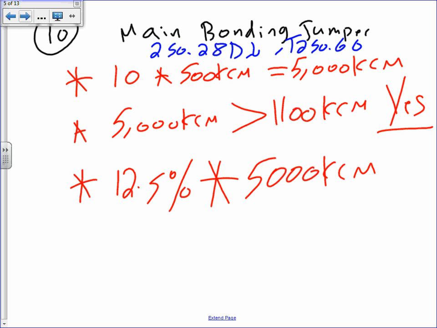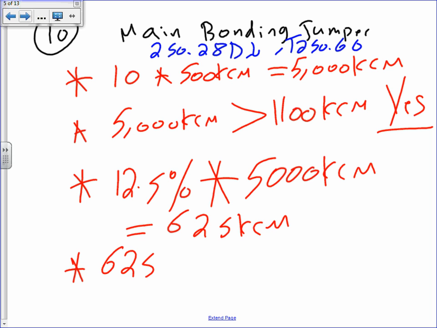Okay, so anybody have the math for me here? 625 KCM. Now I don't know about you guys, but 625 is not a standard size. So what do you need to do? I know some of you will say we'll jump to 700, but it could be a size that you don't know.